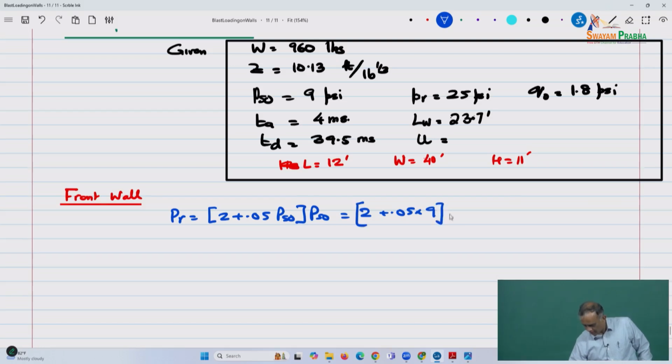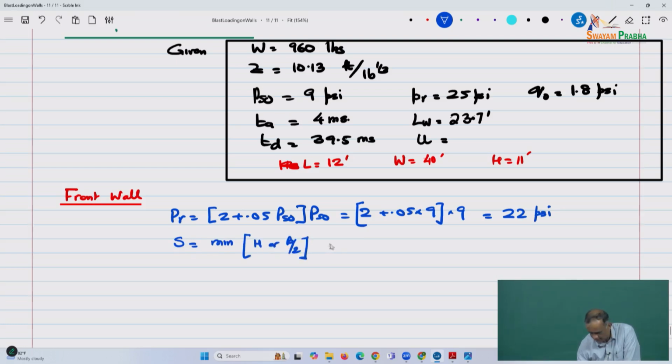I have calculated these out. So you can check, 22 psi. Then S is the minimum of H or B by 2, which is the minimum of either 11 or 40 by 2.